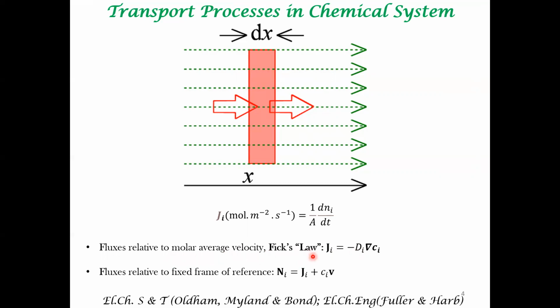In this case, the overall flux would be this flux, given by this equation, plus the convective velocity term. The convective velocity with respect to a fixed frame of reference is V, the bulk velocity. So the overall flux will be the diffusive flux plus contributions from convection.